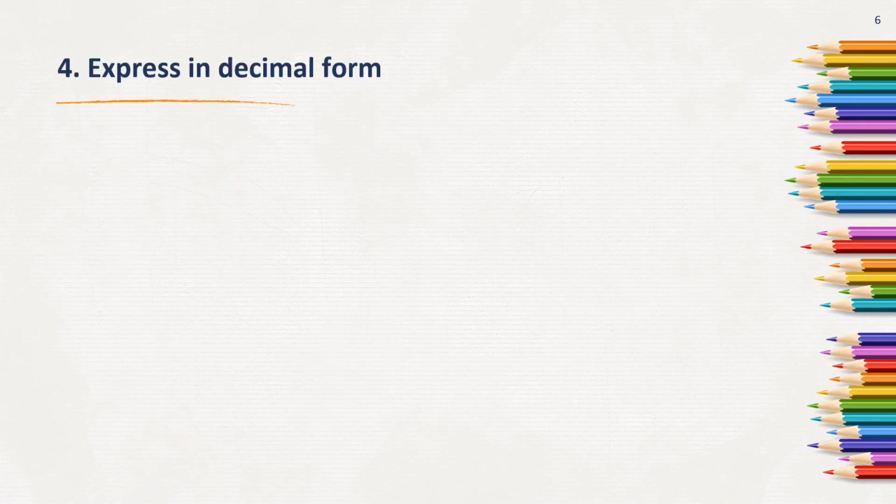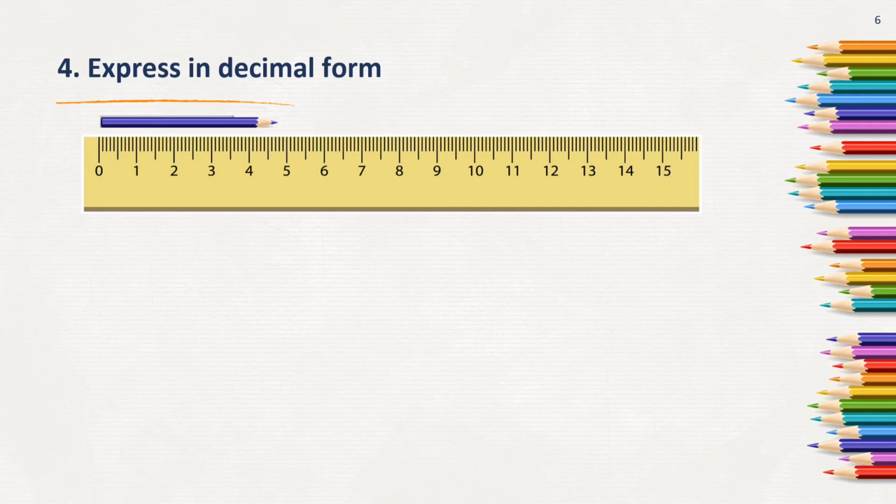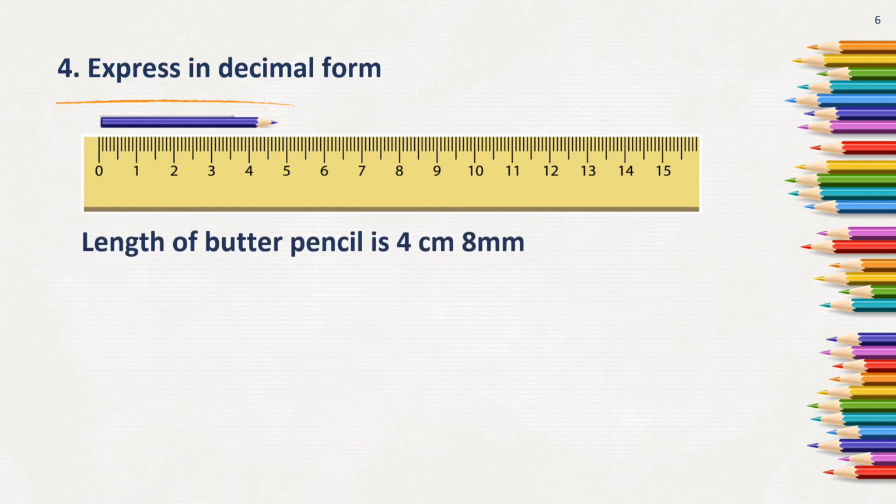Here we need to express in decimal form. This is a ruler and the pencil length is 4 centimeters and 8 millimeters. It is less than 1 complete centimeter, right?